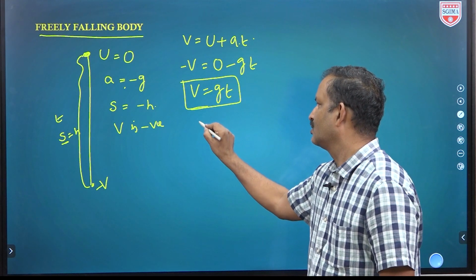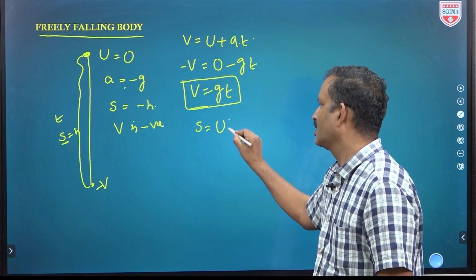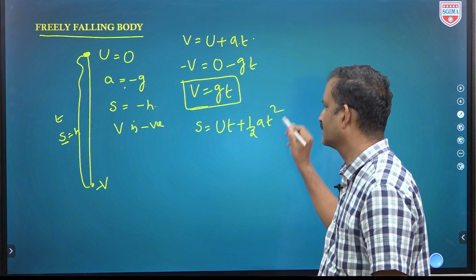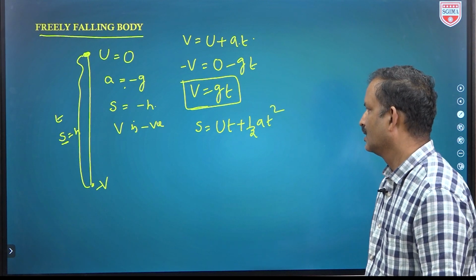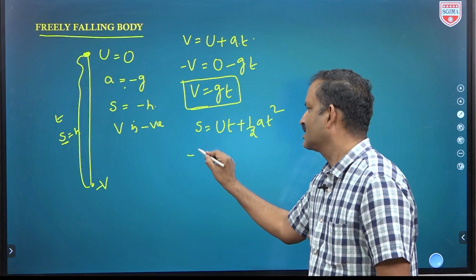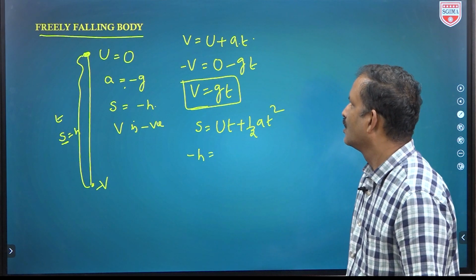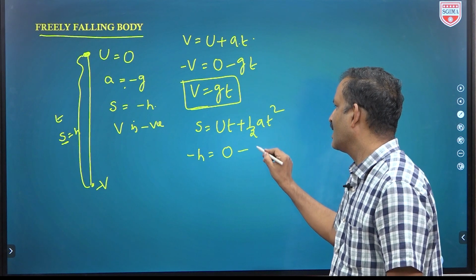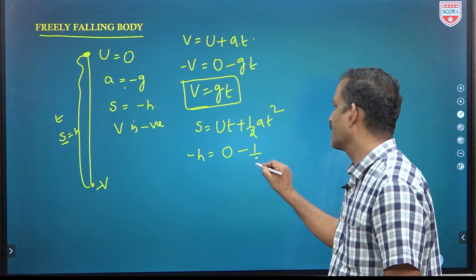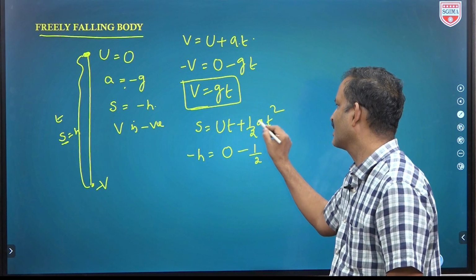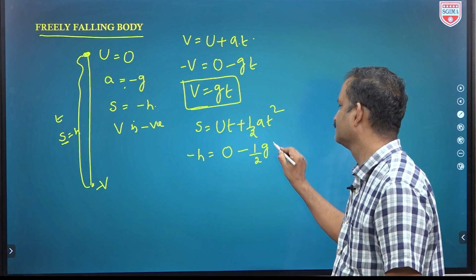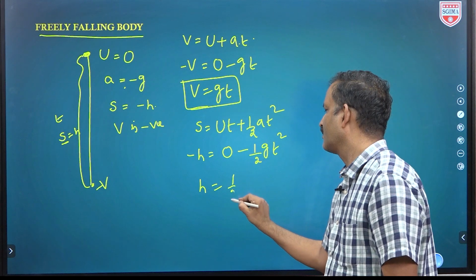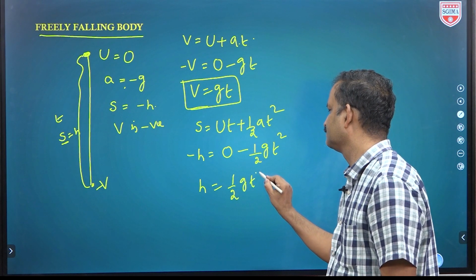Now, s is equal to ut plus half at square. This is the second equation. The s value is minus h, u is 0, and a is already minus g. Due to that minus, you are getting h is equal to half g t square.